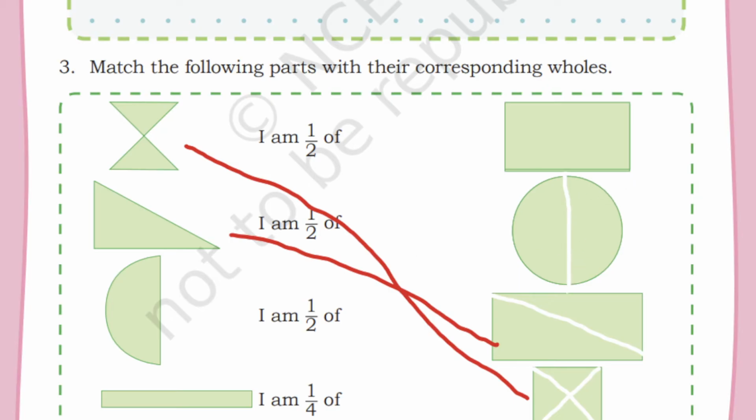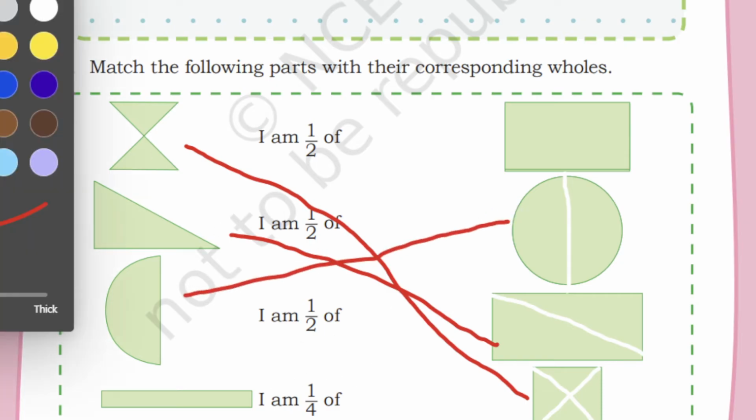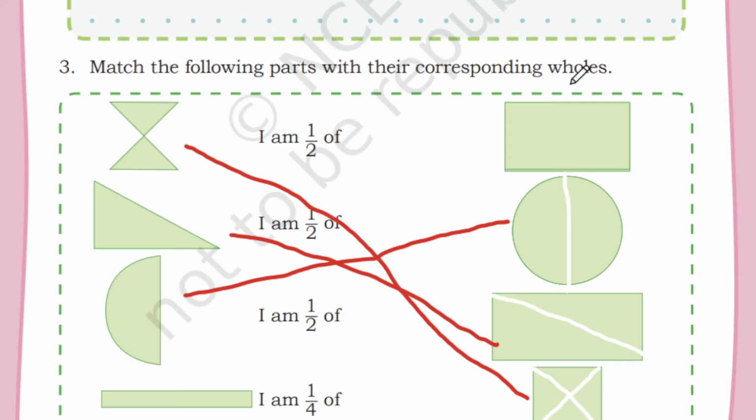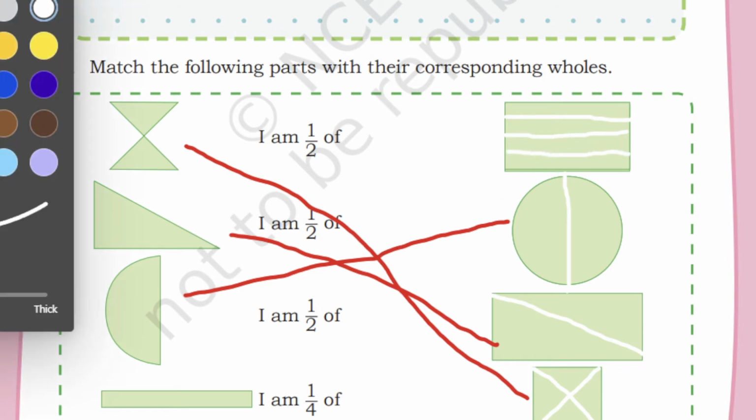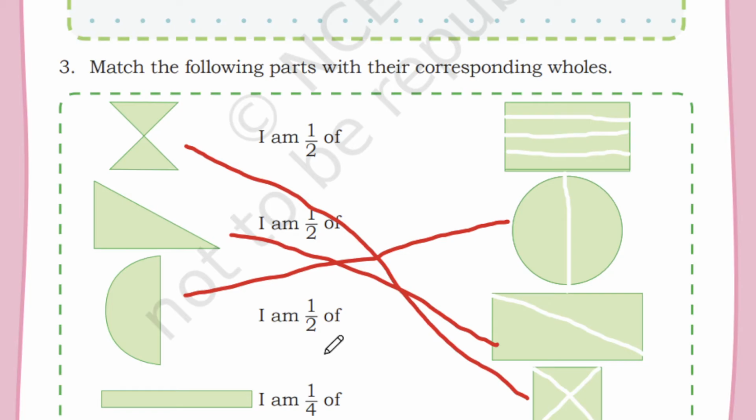This is the one half now. Next, 1/4 of. Okay, so 1/4. We have to divide this into 4 equal parts. Okay, 1/4 of this. Again, this one is also important for your exam. Important questions.